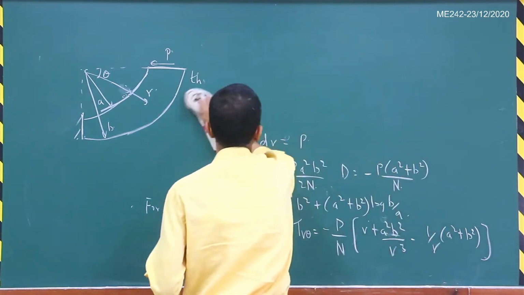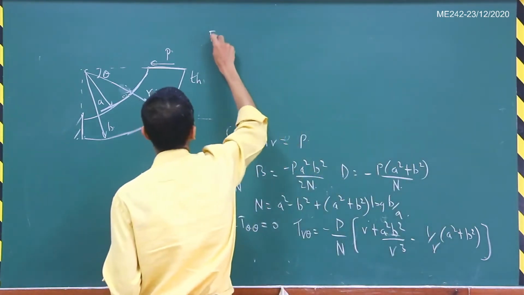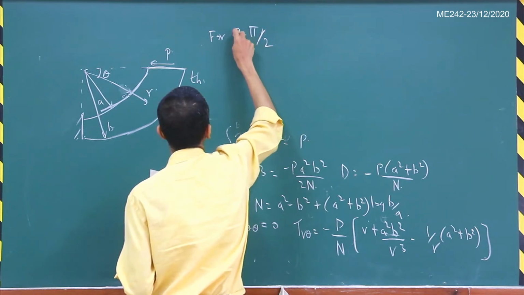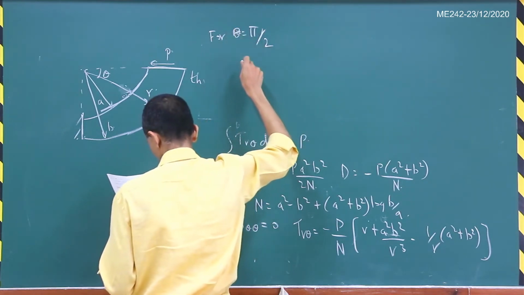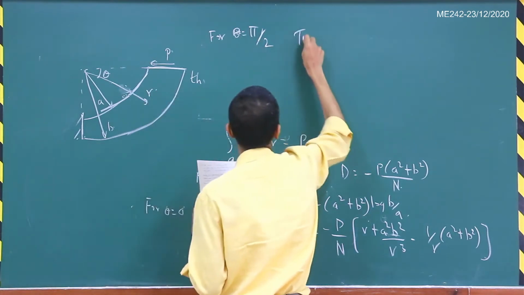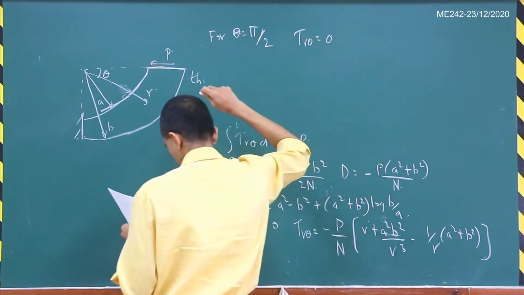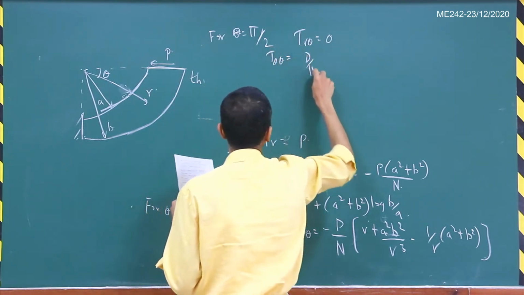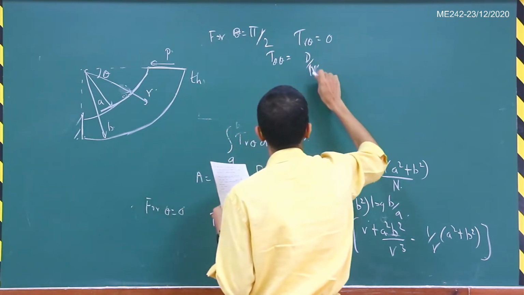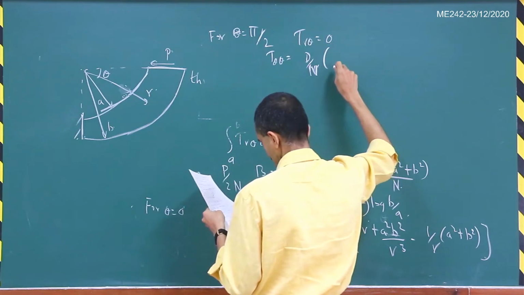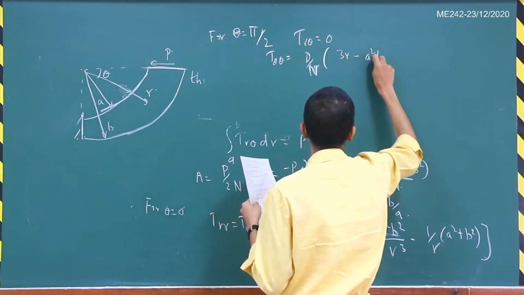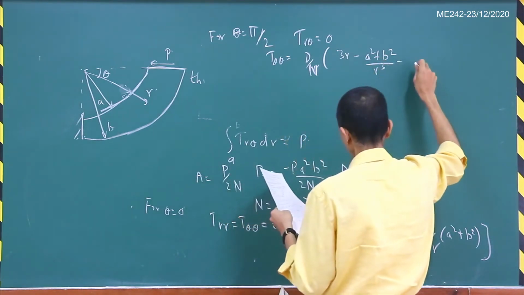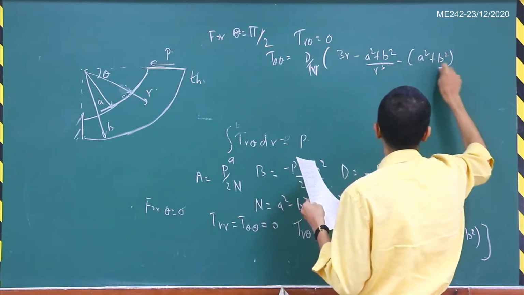For theta equal to pi by 2, you will get tau r theta is equal to 0, and tau theta theta is equal to p by n times 3r minus a square plus b square divided by r cube minus a square plus b square divided by r.